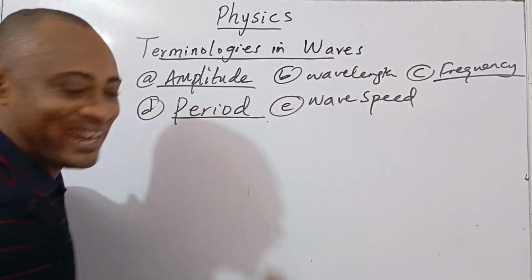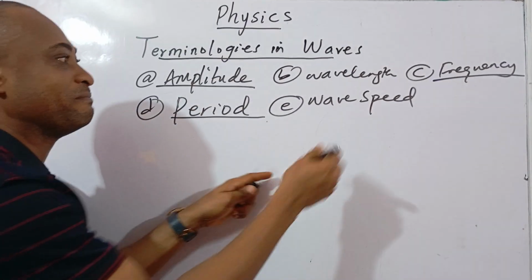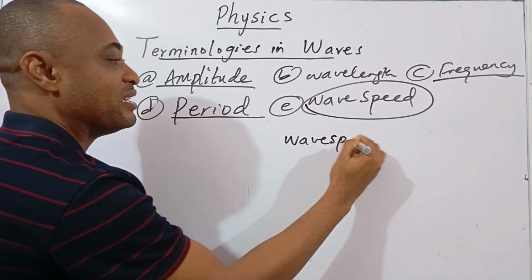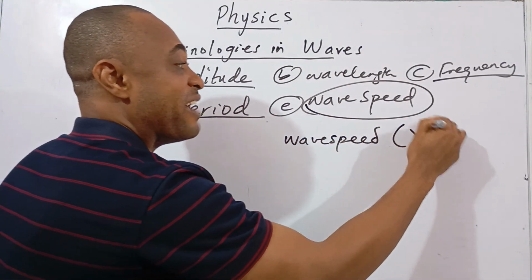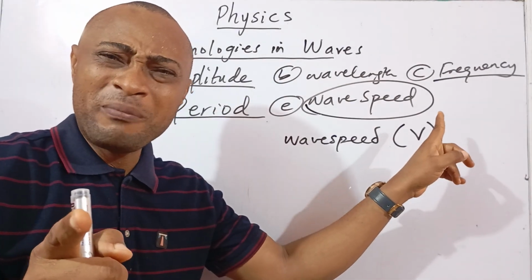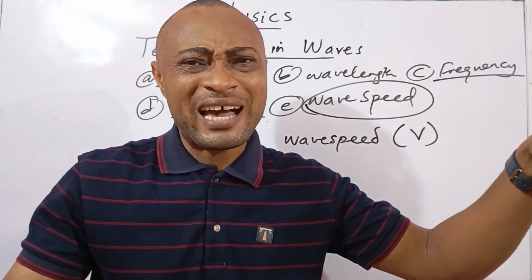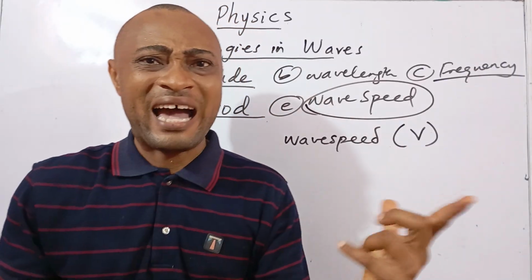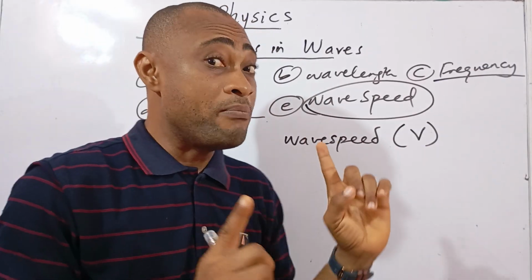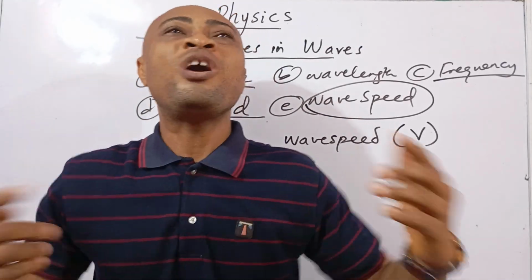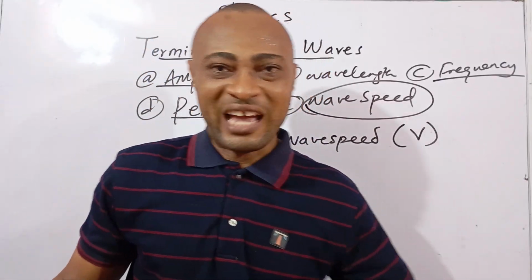Okay, so we have finally the wave speed. Now, my wave speed, with a v, is just like speed. You remember speed? Distance over time. The total distance traveled by a wave in 1 second or per time. That's speed. Now remember, they will always ask you this when you get to grade 10. What's the difference between speed and velocity?